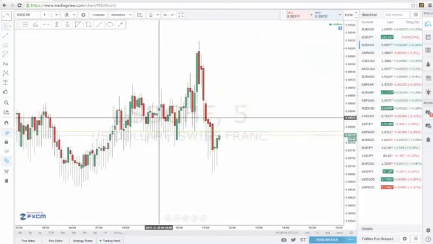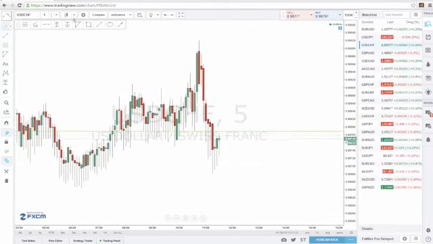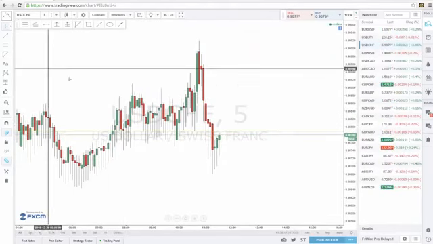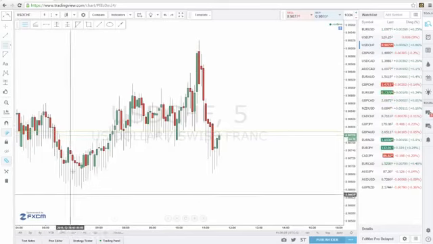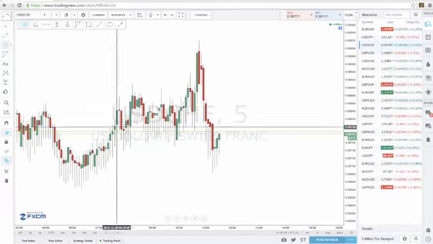Here on the dollar Swiss 5-minute chart we have a cipher pattern setting up, and the cipher pattern comes in from this X leg down here, this impulse leg.